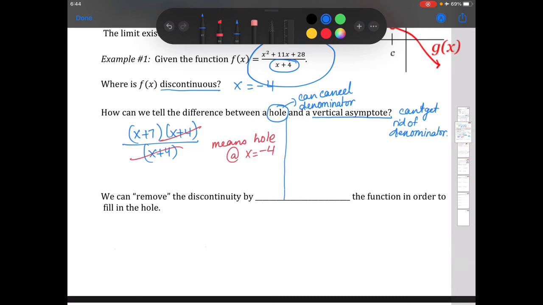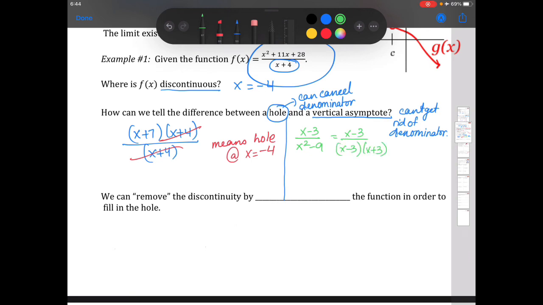I want to do another example, and that is x minus 3 over x squared minus 9. The first thing you do is factor it. You can't say it has a vertical asymptote at x equals 3 and -3 until you simplify it completely, okay? So I'm going to simplify it. It'll be x minus 3 over x minus 3 times x plus 3.